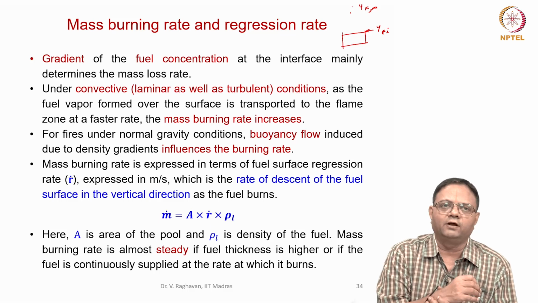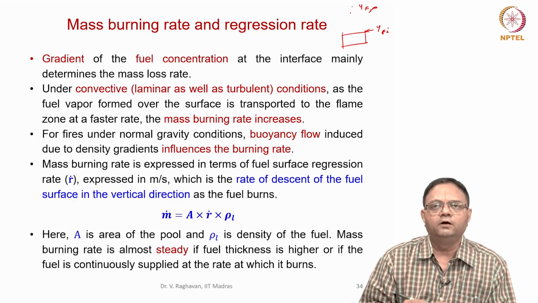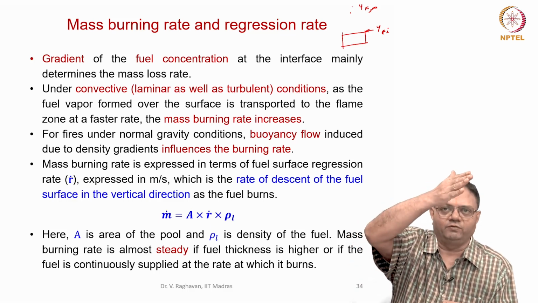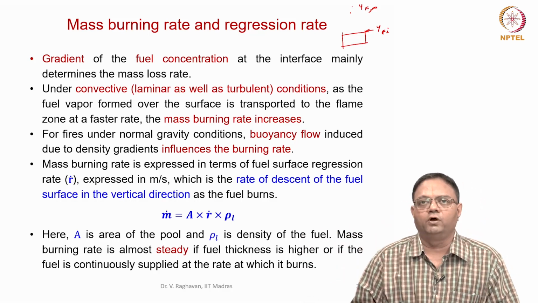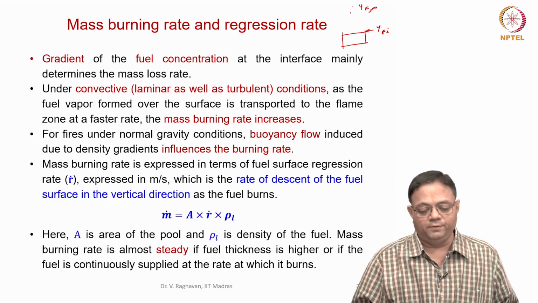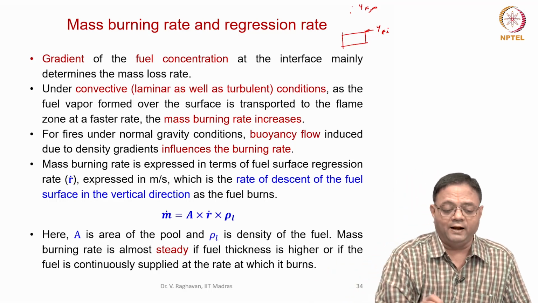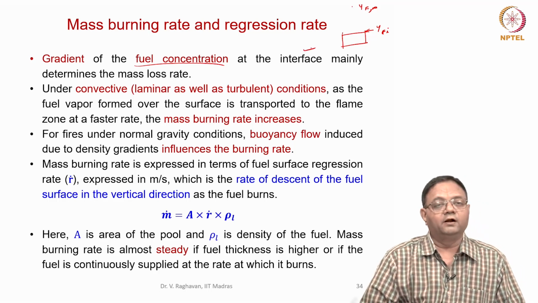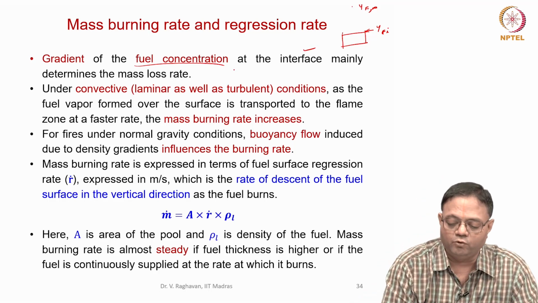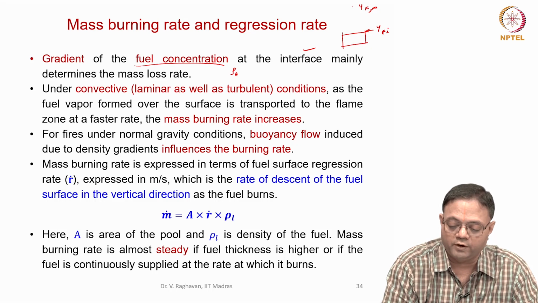We have already seen that it is actually some exponential variation. So, exponentially the interface mass fraction decreases, and asymptotically reaches the value of the fuel mass fraction at the far field. So, the gradient of the fuel concentration or mass fraction at the interface drives the mass loss rate. We have already seen that due to Fick's law.